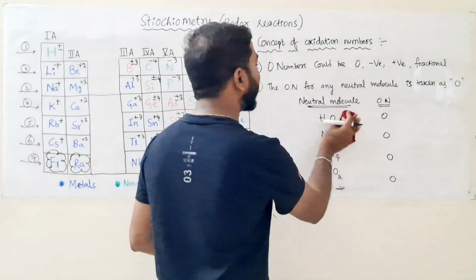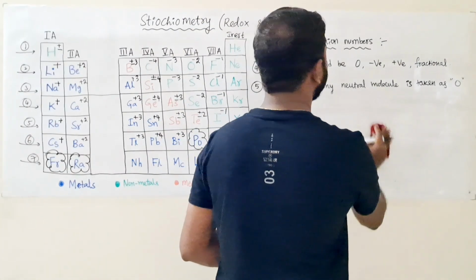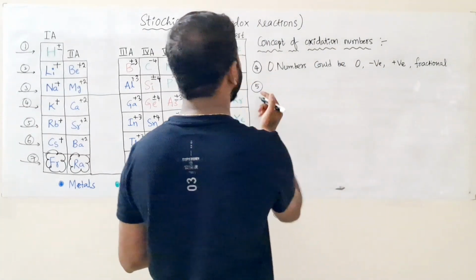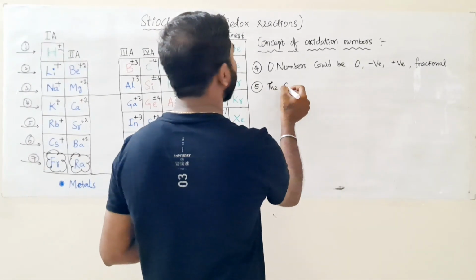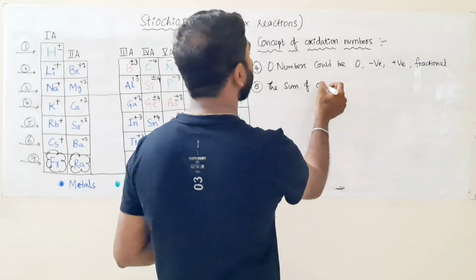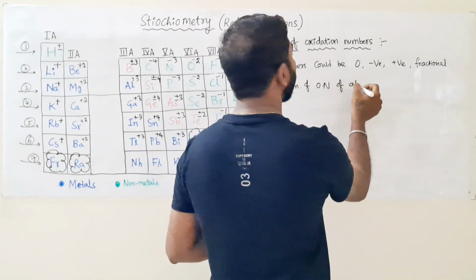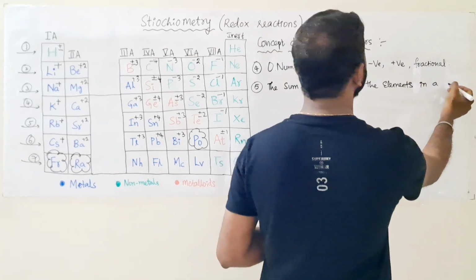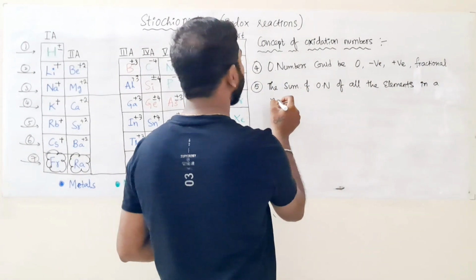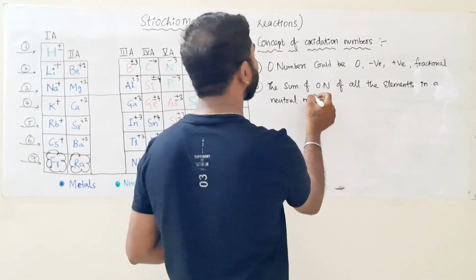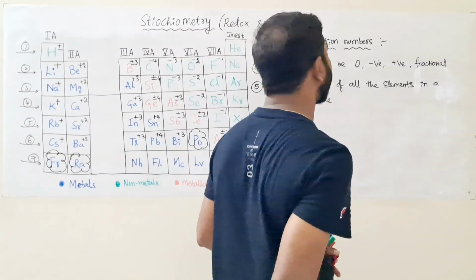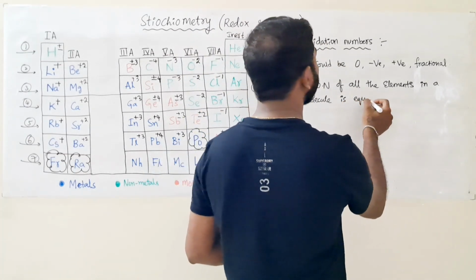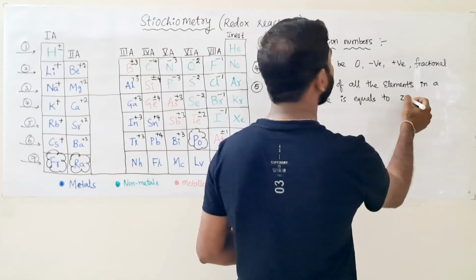So let me just change here itself, that is oxidation number. Yes, let me just give you this. The sum of oxidation numbers of all the elements in a neutral molecule is equal to 0.